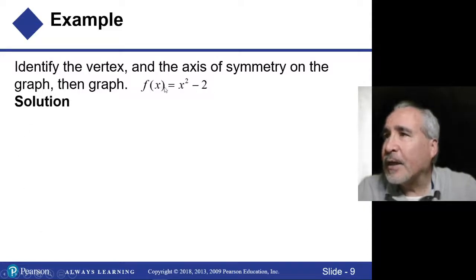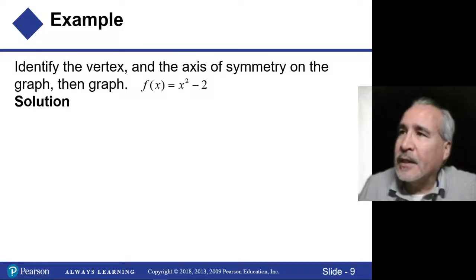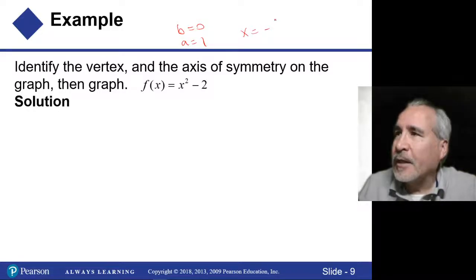Now they want us to find the vertex of this one. Okay, we could do A is 1, there is no B. The axis of symmetry and the vertex. That's actually kind of cool when there is no B. There's no x term here, right? So that must mean that B equals 0. A equals 1, so we use our formula, minus B over 2A, so that's minus 0 over 2 times 1, which is simply 0.